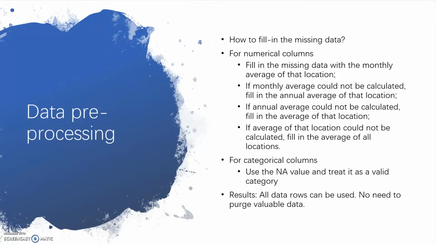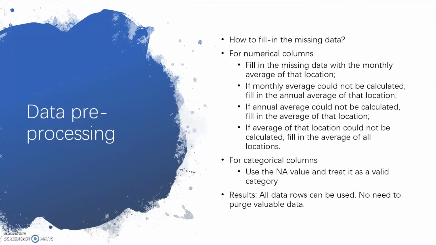If the annual average of a certain field regarding the related location is not available, which could happen if all the values regarding the year and the location are missing, the average of all the values regarding the location is used.